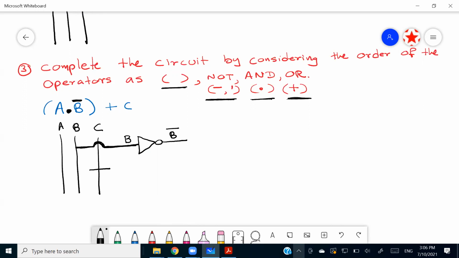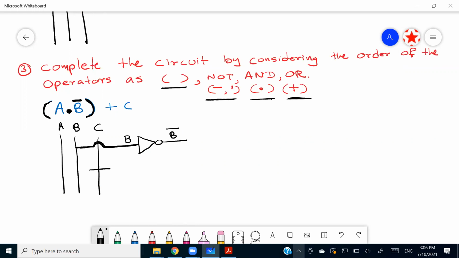Yeah, Ravindu, it is like this. We are going to consider the operators first. Since there are brackets, first we consider the brackets. So we came into the brackets. Then inside the bracket, we found a dot operator and the not operator.